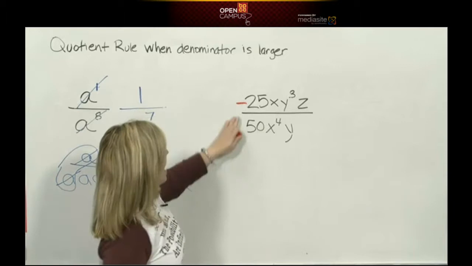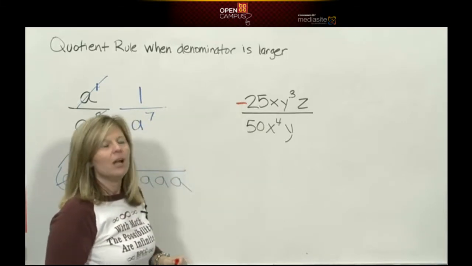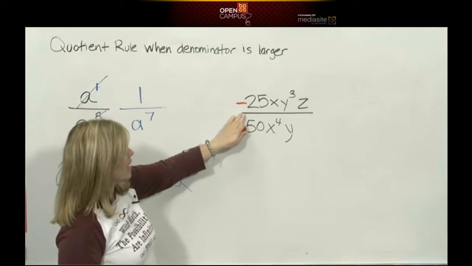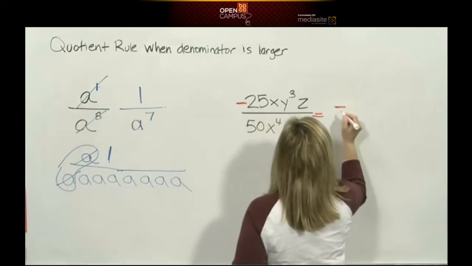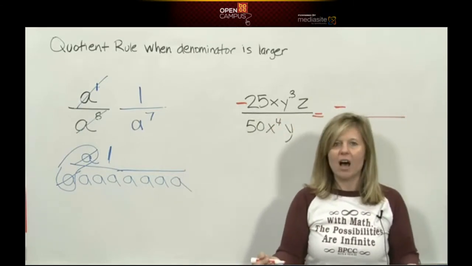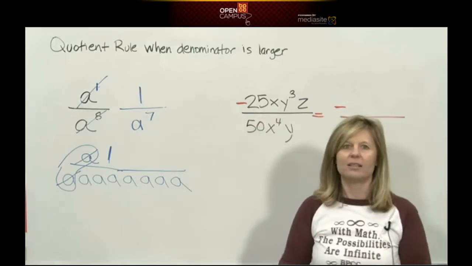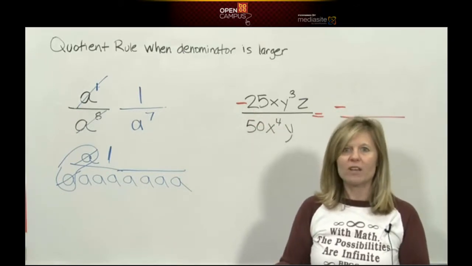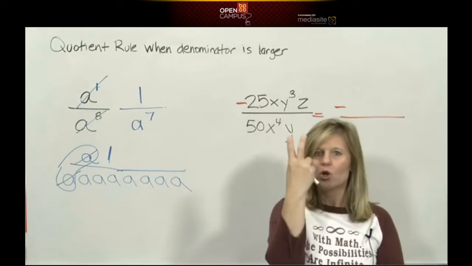Now I have negative 25 divided by 50. We know a negative divided by a positive is going to be a negative. Keep my negative in the numerator. 25 and 50 we can divide. What is their greatest common factor? What is the largest number I can divide them both by? That's right, 25. And 25 goes into 50 twice.